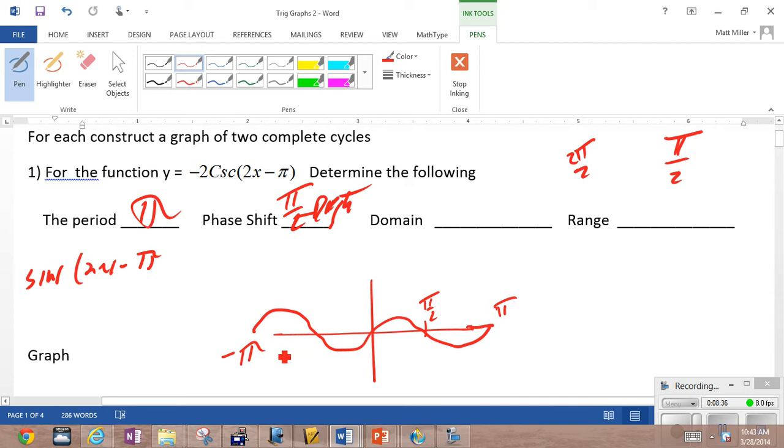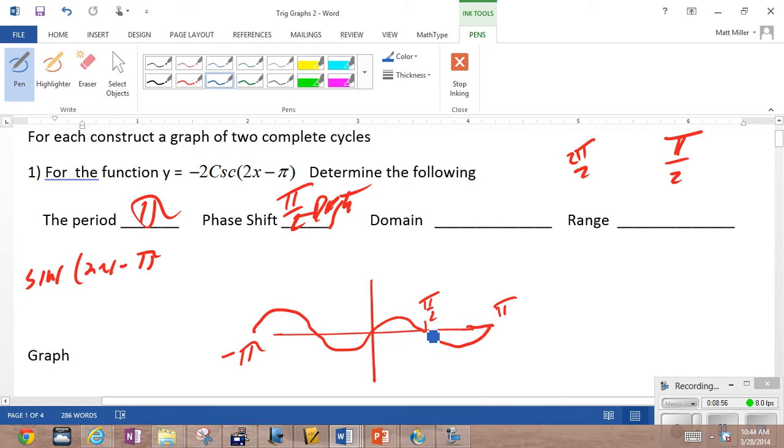All right, but now I've got this thing out of phase, so let's change the color on that to make it easier. Actually, I'm pi over 2 to the right with the phase shift.